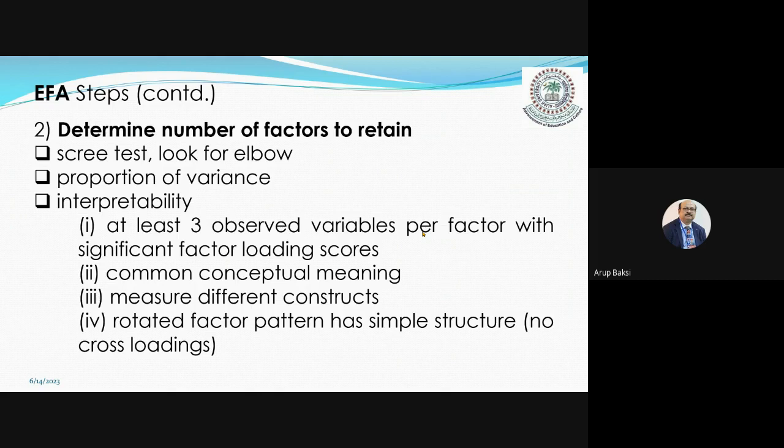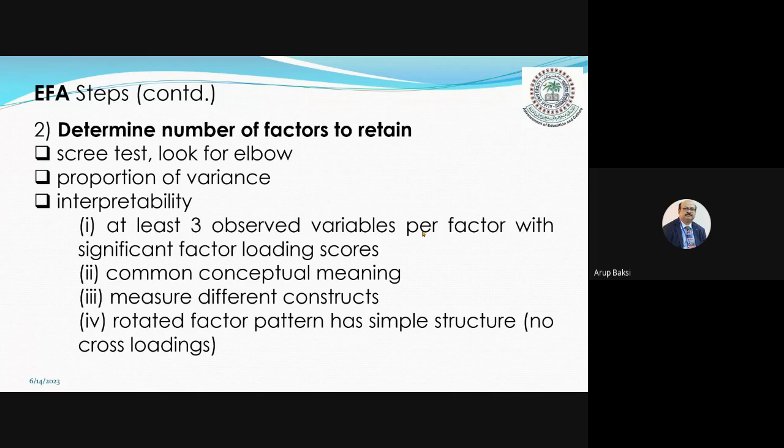Say a particular factor is defined with the help of 2 items, and a particular factor is defined with the help of 4 items. In both the cases, the item loadings or the correlation between the items and the factors are very significant. Which particular model will be much more robust or much more acceptable?